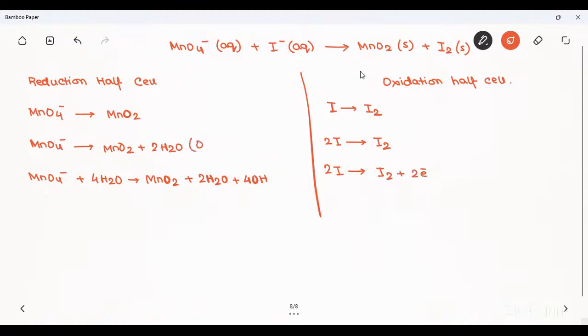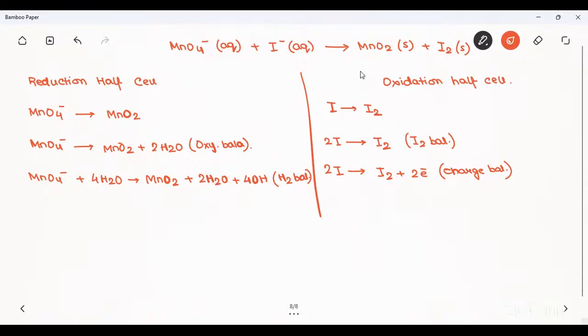So here it is oxygen balanced. Here it is hydrogen balanced. Here it is iodine balanced. And here charge balancing is being done. So now what we need to do is just put these equations together and add them.